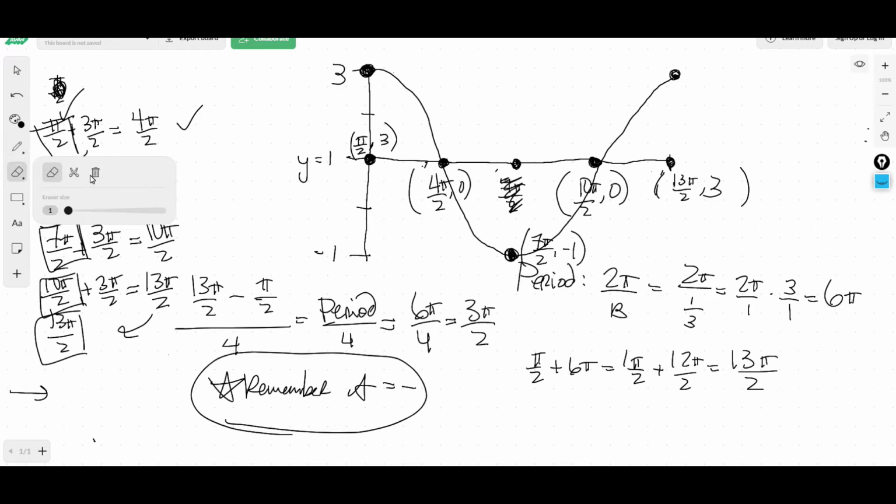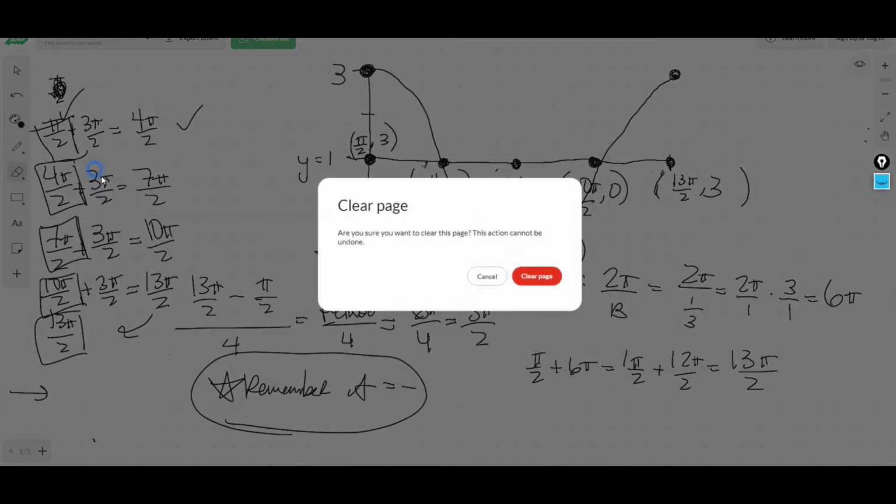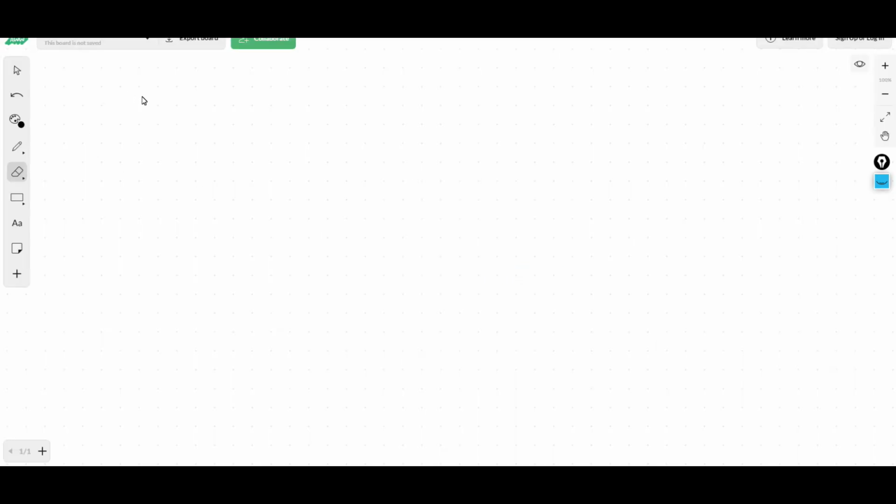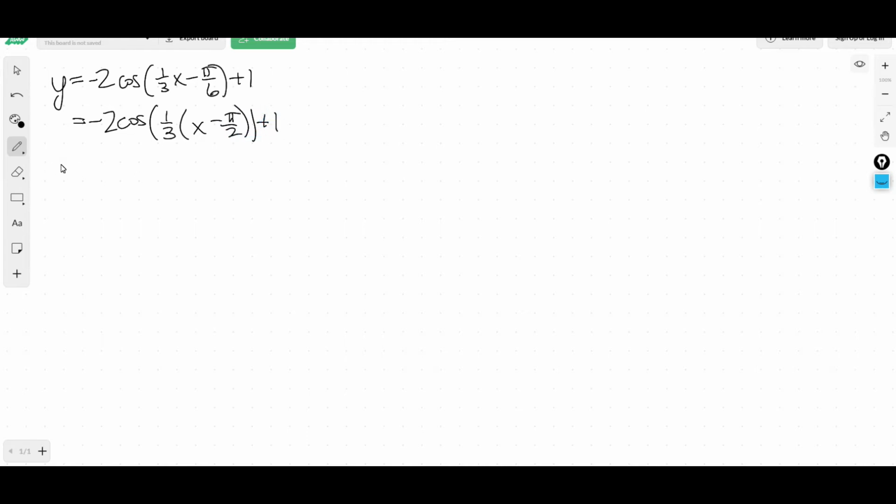Let's now recap everything. We had a lot of stuff there. So we started off with y equals negative 2 cosine of 1/3 x minus pi over 6 plus 1, which we rewrote as negative 2 cosine of 1/3 x minus pi over 2 plus 1.